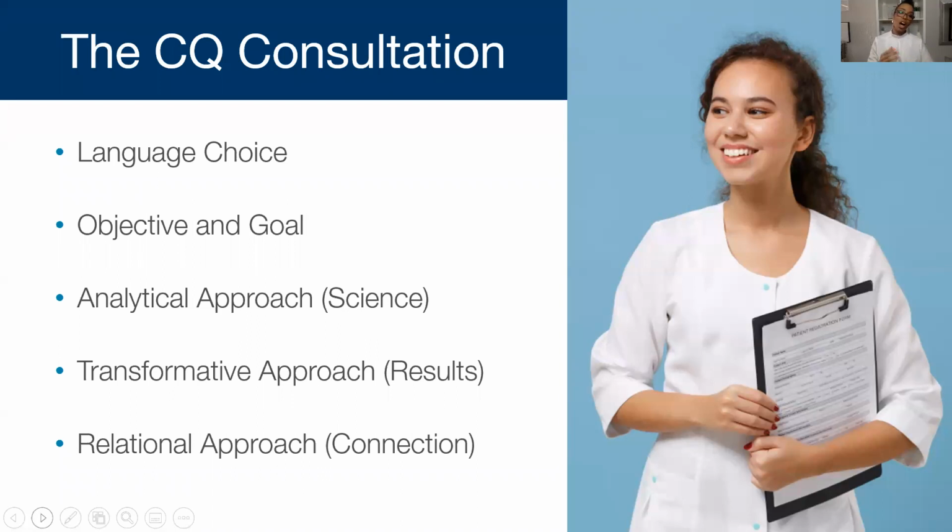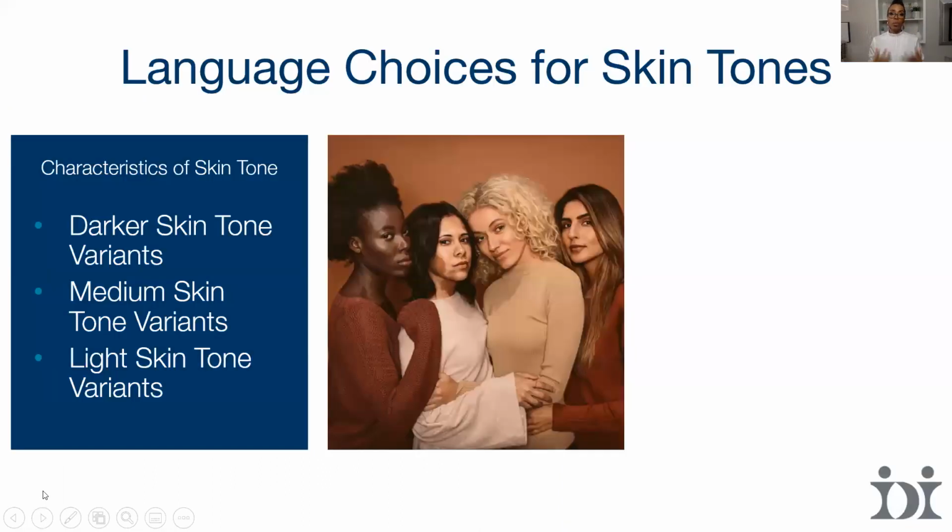And so when we talk about these foundation stones, now we can take a look at language. So remember, analytical, transformative, and relational. With those in our back pocket, now let's talk about language. I really want to, in particular, talk about language choices around skin tones, because especially for skin professionals, when we are working on clients who don't look like us, we don't want to offend.